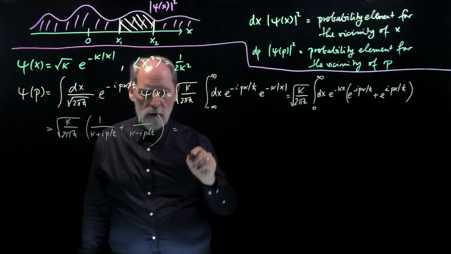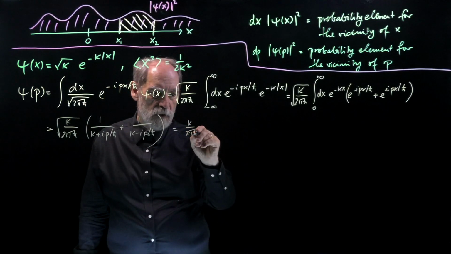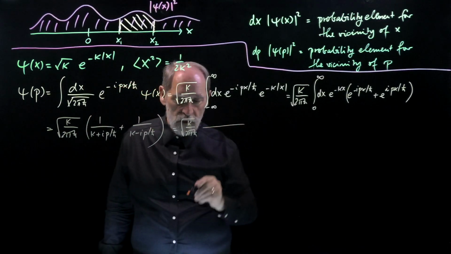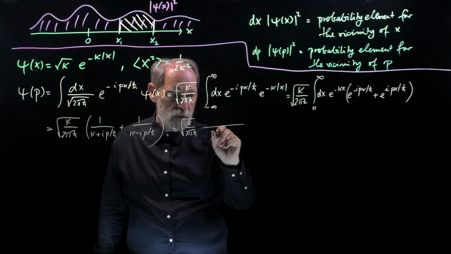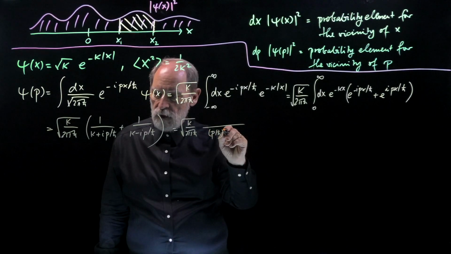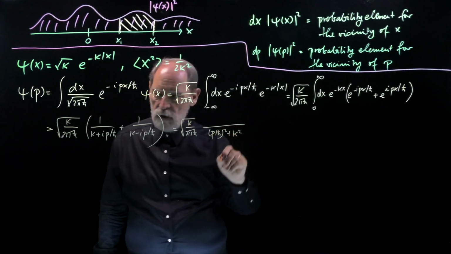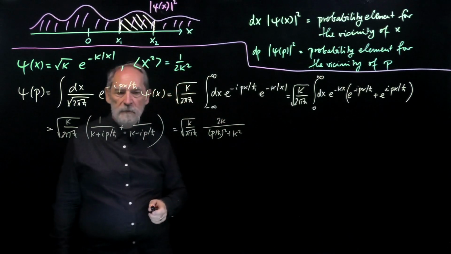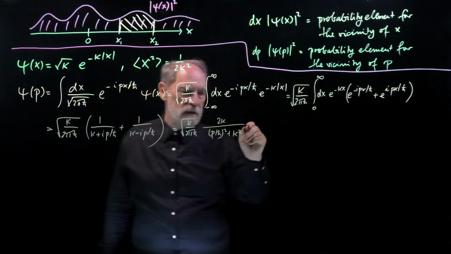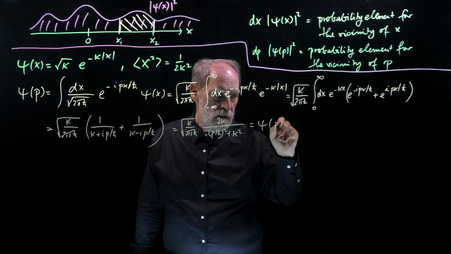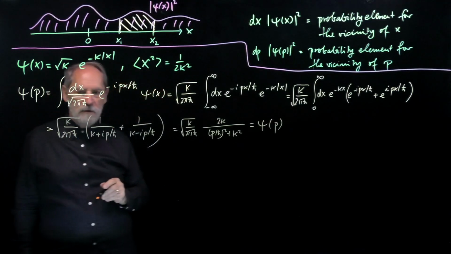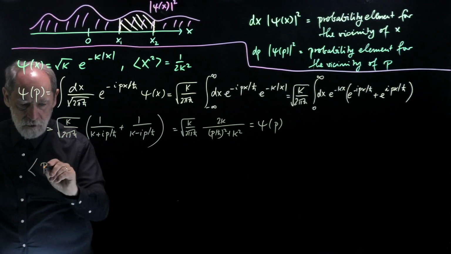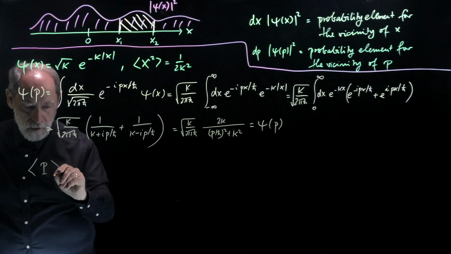So we have the square root prefactor kappa divided by 2 pi h bar, and then combining this into just one term gives p squared divided by h bar squared plus kappa squared, and 2 kappa in the numerator. So this is the psi of p that goes with this psi of x, and we can use it to calculate the expectation value of p and p squared.